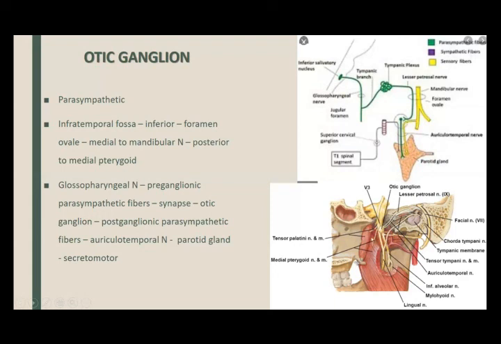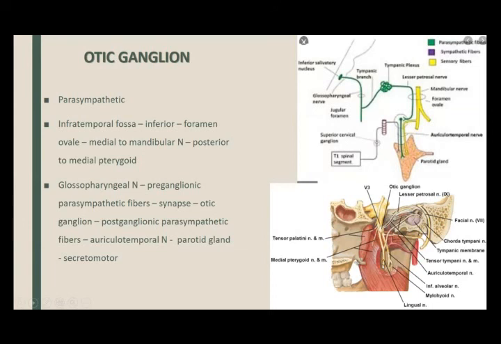This is the posterior margin of the medial pterygoid; the otic ganglion is lying posterior to the medial pterygoid. Also note that it is attached to the medial surface of the mandibular nerve, because you can see all of this medial surface. This is the medial pterygoid, and this is the lingual nerve.